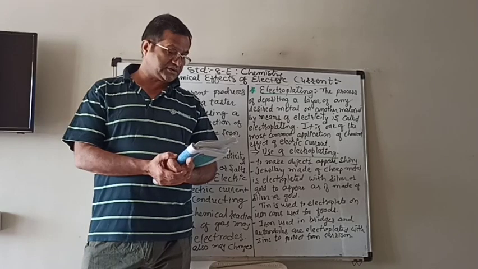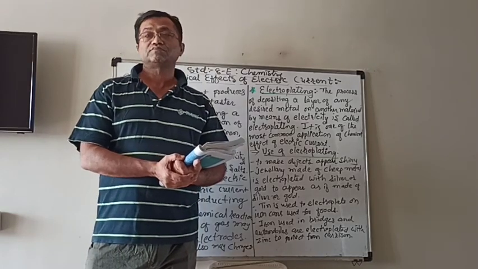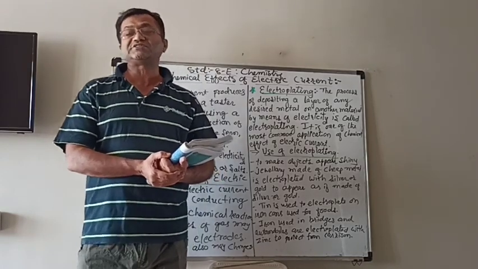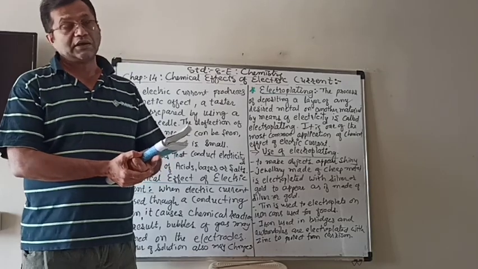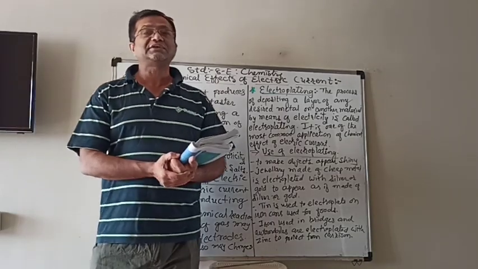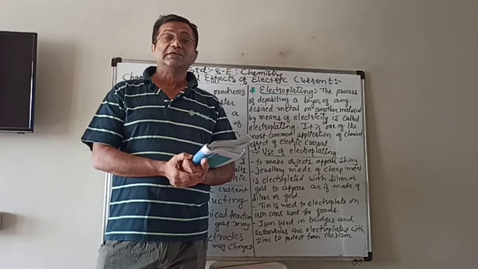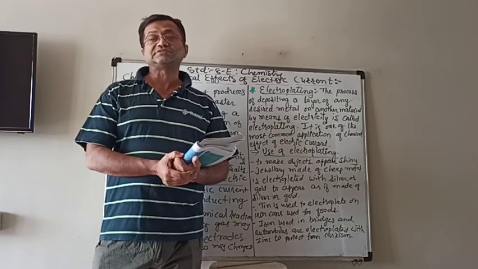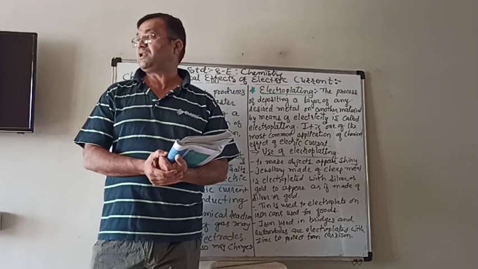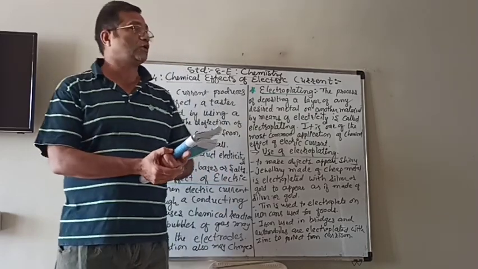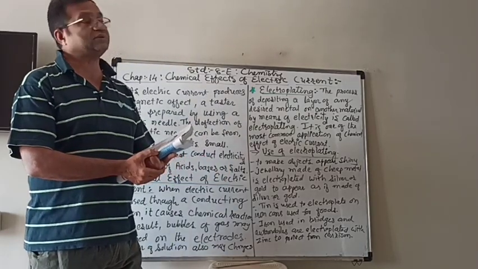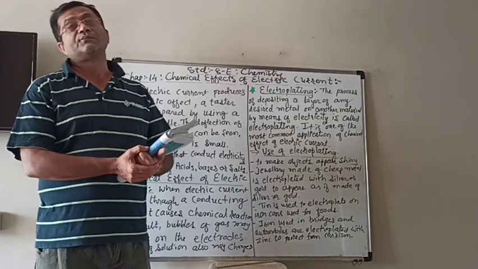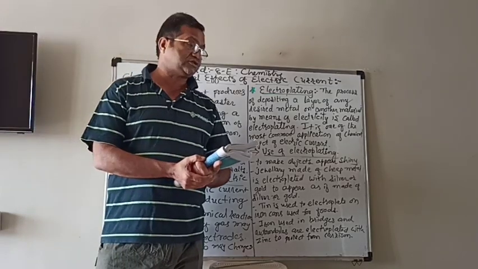We saw that when you join the material between the two open ends of the circuit and the light glows, it is a good conductor, and if the light does not glow, the material is a poor conductor of electricity.